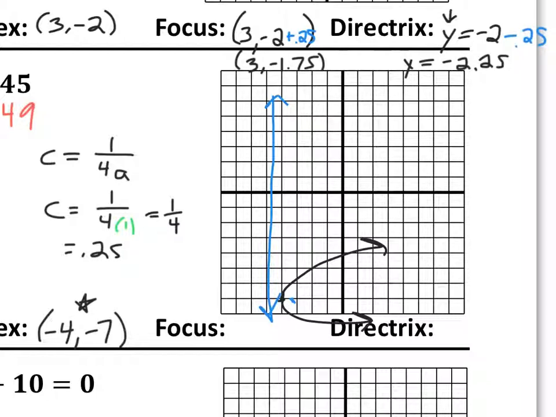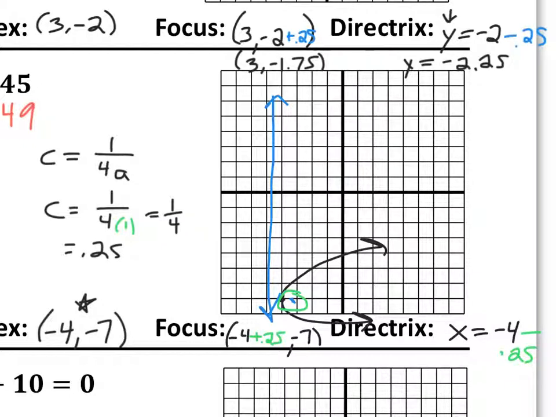So what is changing from my vertex? The x value is what's changing. So my focus is going to be -4, and then I'm moving to the right, so I'm going to add 0.25. And then my directrix is x equals -4 minus 0.25.